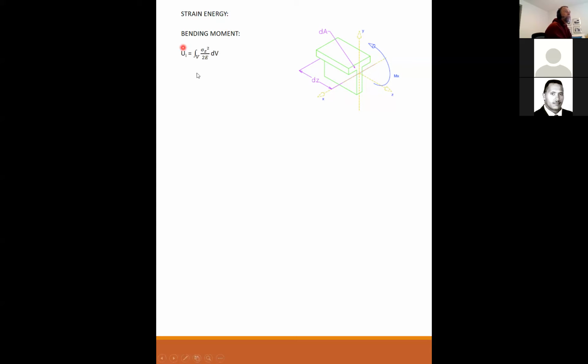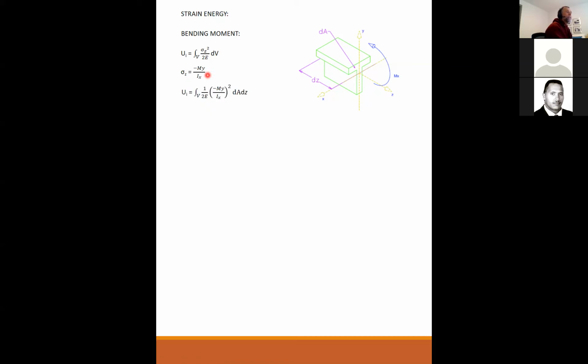Back to my original equation that we had derived, the internal energy is the integral over the volume of sigma z squared over 2E times dV, and z is the normal direction from the section. Using the flexural equation that we had gotten, sigma z is equal to minus My over Ix.